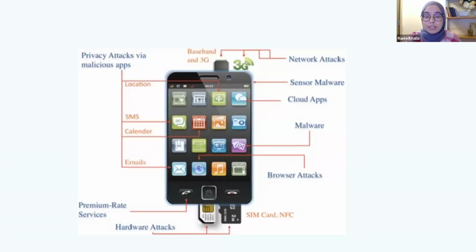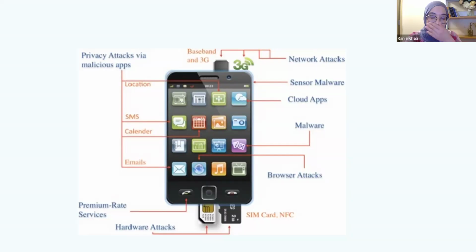For example, we have access to location data, SMS messages, emails, and calendar information. Each of these handles sensitive data, okay? And as a result, expands the attack surface, okay? We need to think of it this way.